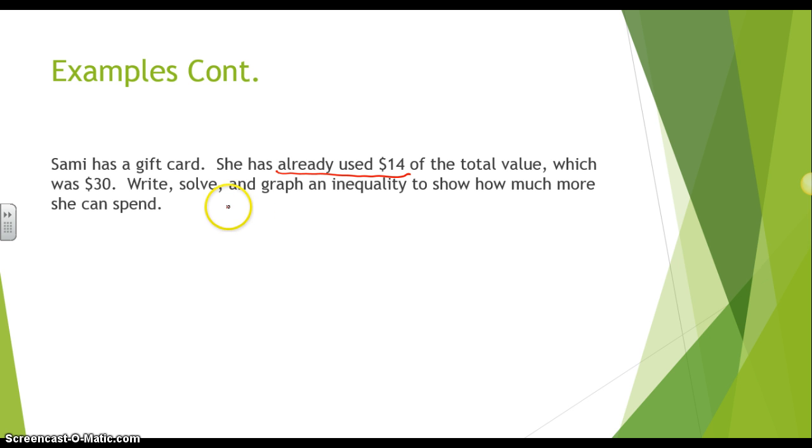Well, she's already used $14 plus the amount she has left on the gift card, g, that's going to be less than or equal to the total she had, which was $30. So that's the inequality for that problem.